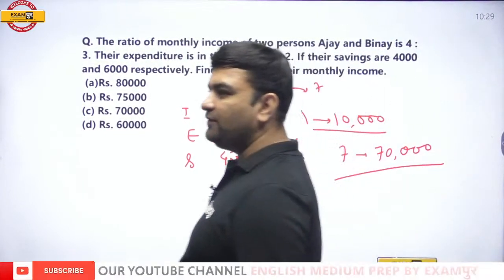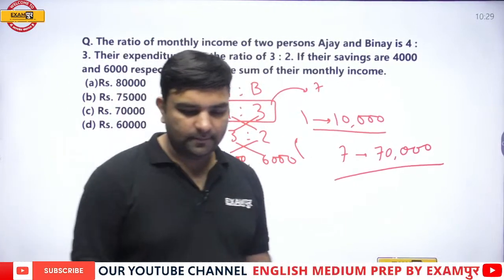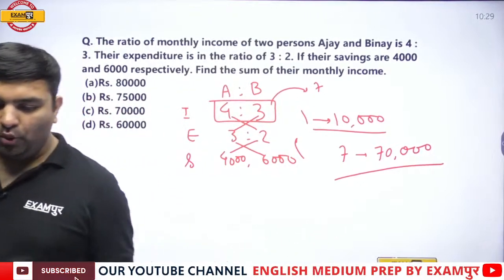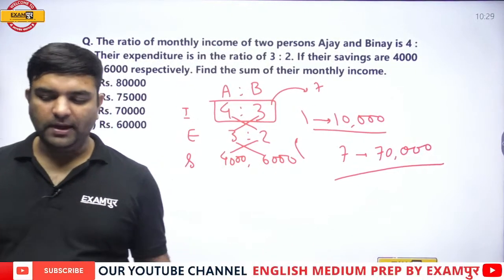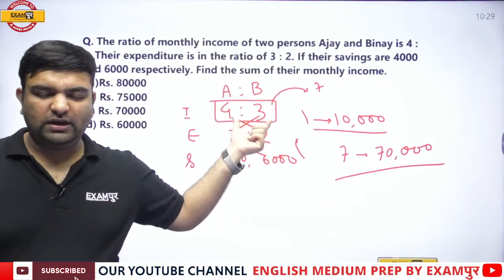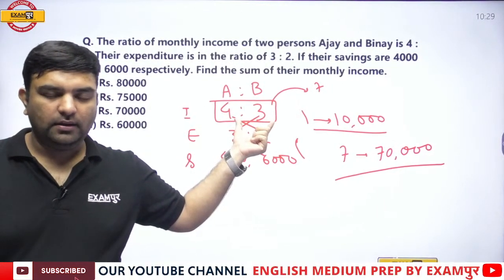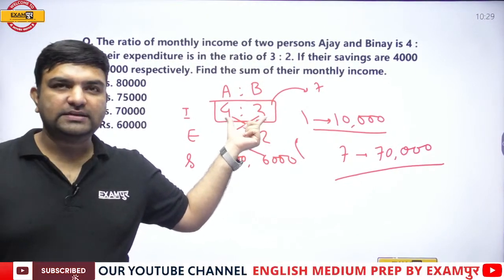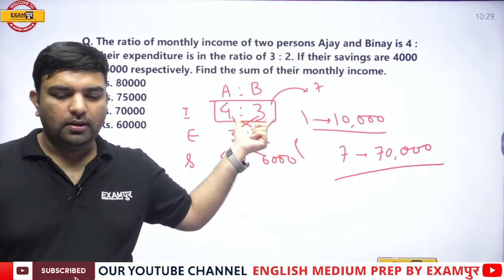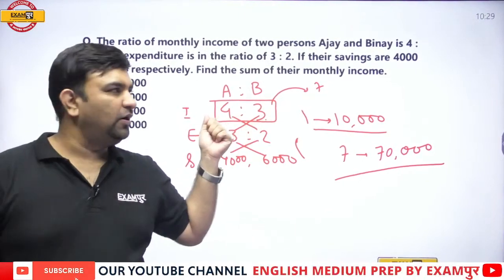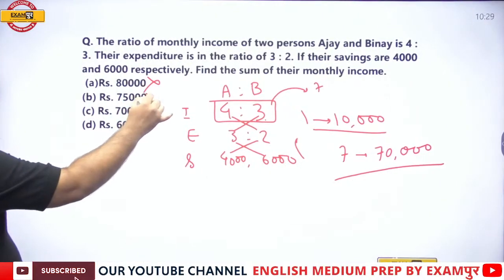Guys, can we mark the answer without even doing it? Come on, tell me. Yeah. Because whatever is the multiplication factor, the sum is 7 according to the ratio. So the answer should be a multiple of 7.